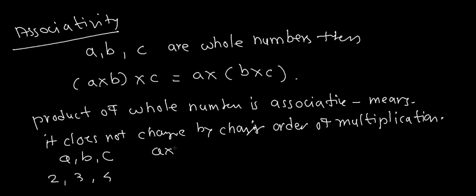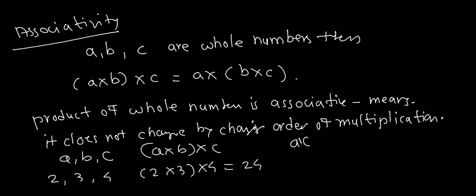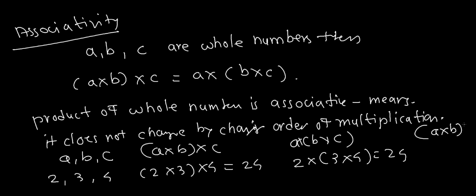So 2 into 3 into 4 comes to 24, or a into (b into c), 2 into (3 into 4), that is also 24. So (a into b) into c is equal to a into (b into c). Yes, these are equal. That is associativity.